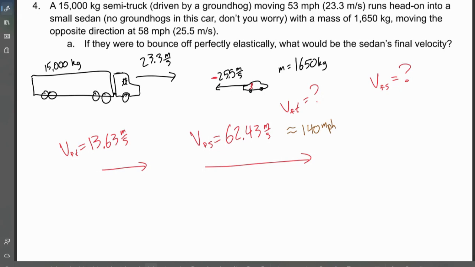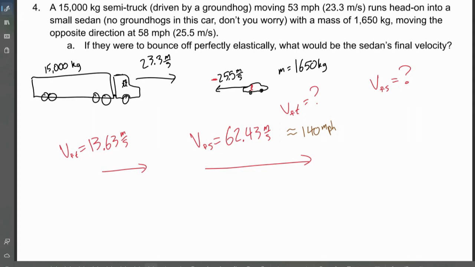So they just went from 58 in one direction to 140 in the other direction. Yikes.